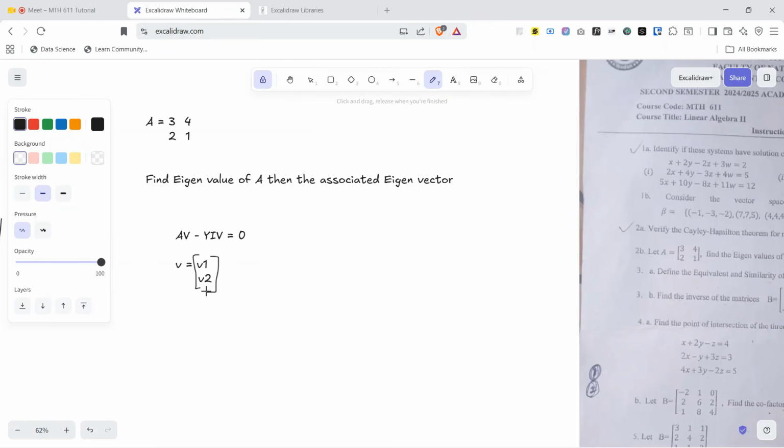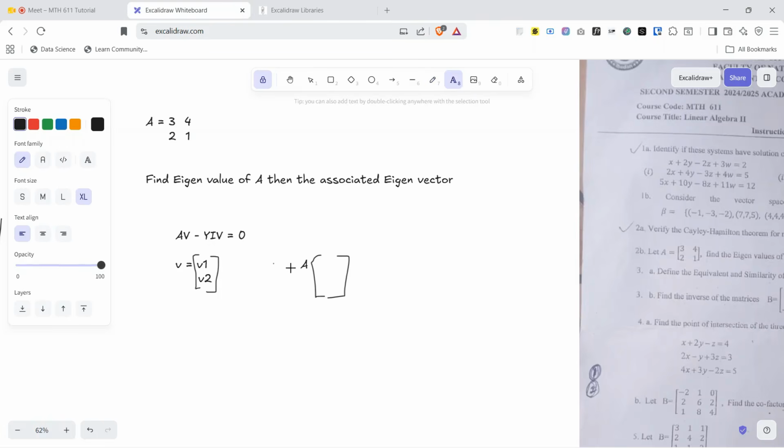Yeah, that is what our V is. So it means now our A would be A V1, V2 minus lambda into I. Remember that I is 1, 0, 0, 1.